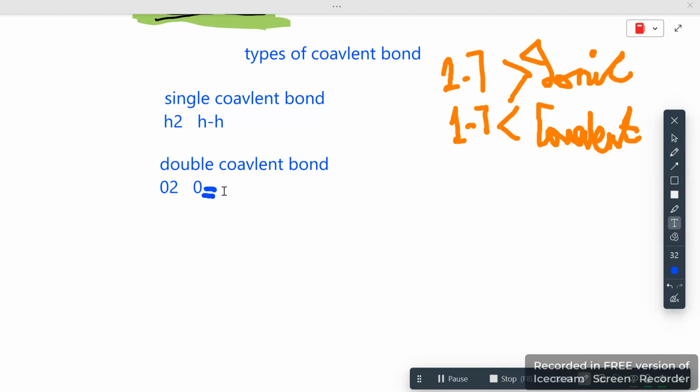Okay, so you can see there's a double bond. We have just differentiated: in the single covalent bond there will be a single bond, in the double covalent bond we have a double bond, and the last, the third one, is triple.